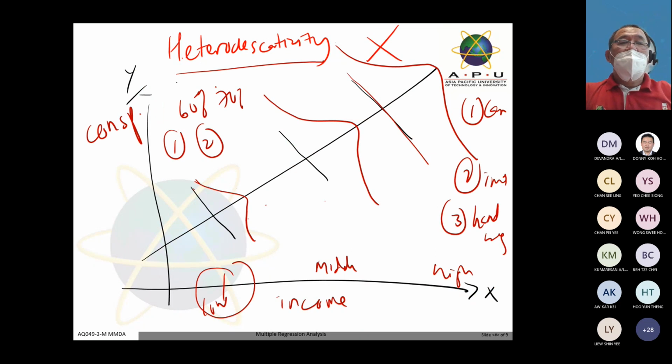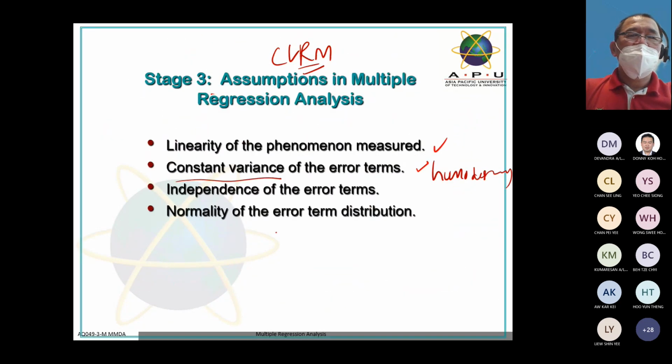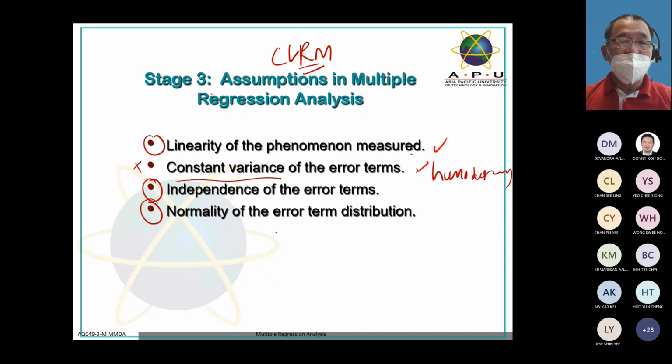So, sir, how do we get this indicator from our output? We can just see it like that, but we can do testing on assumptions 1, 3, and 4. Number 2 we cannot do using SPSS, but 1, 3, 4 we can.